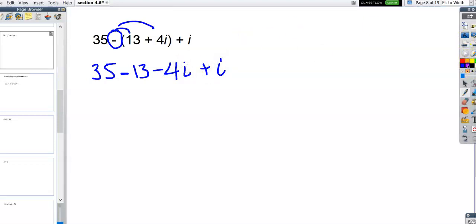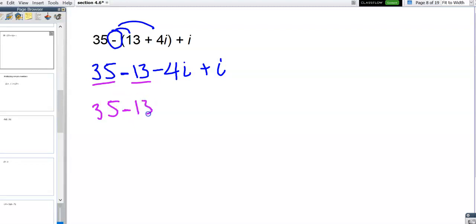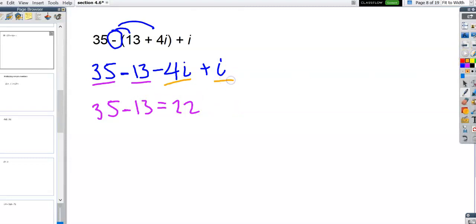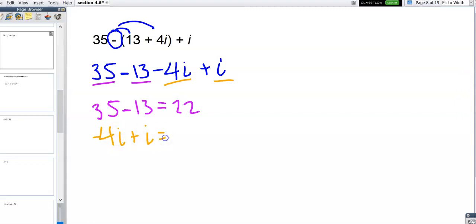Then again, the rational numbers can be added together or combined. And then the complex numbers can be combined. So the final answer is just 22 minus 3i.